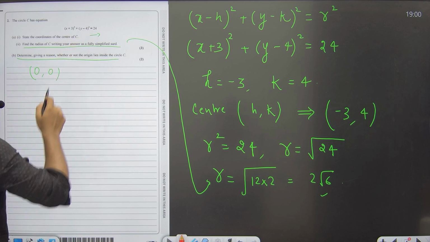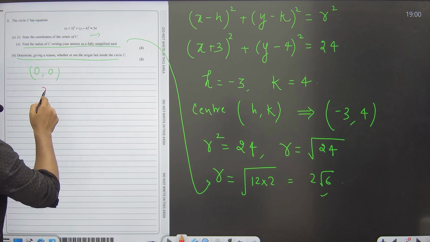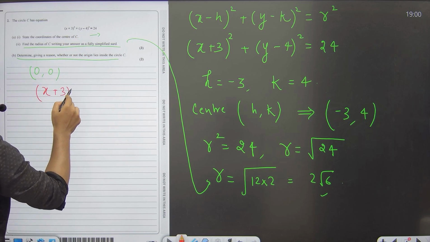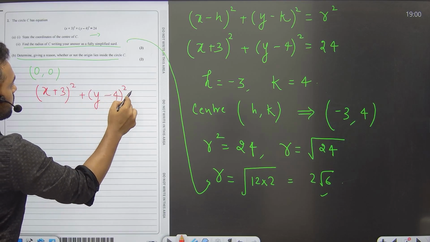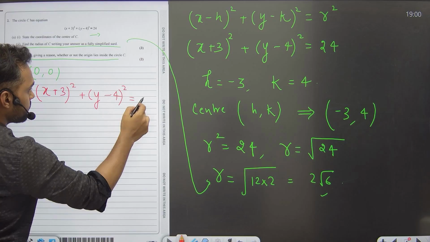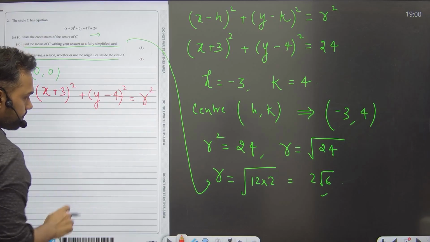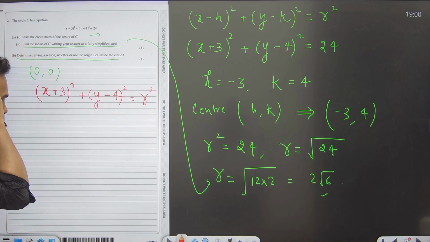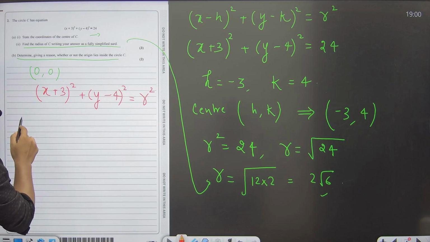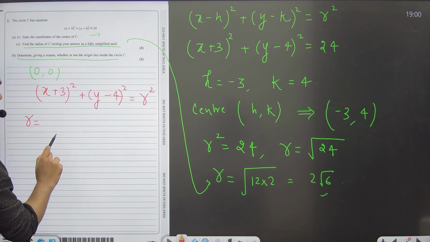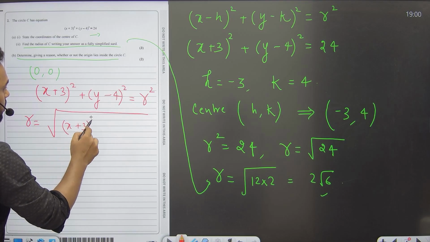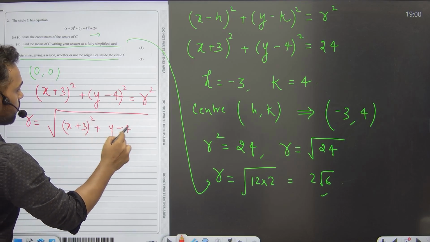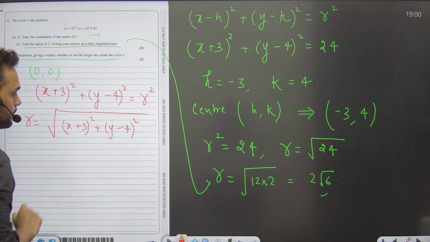So what is the equation of the circle here? It was (x + 3) squared + (y - 4) squared = 24. So let's say the distance r' squared equals (x + 3) whole squared + (y - 4) whole squared.